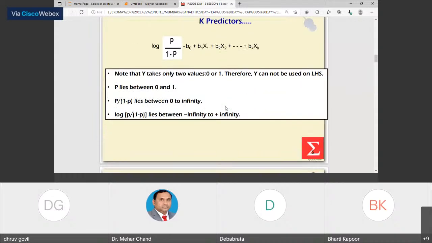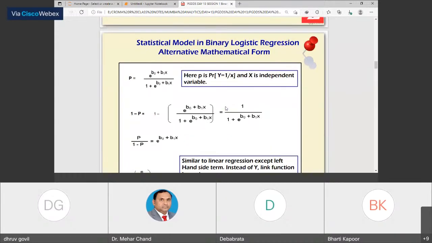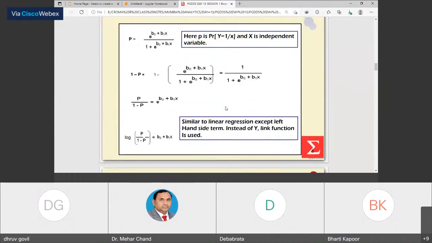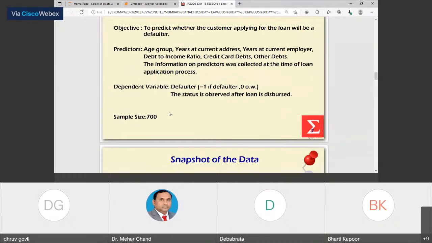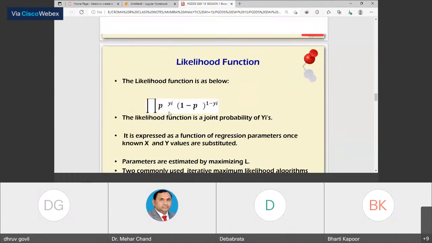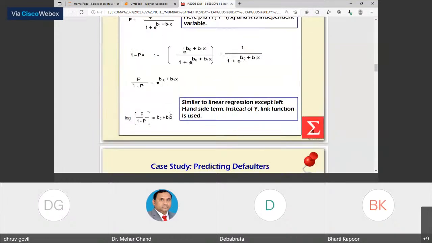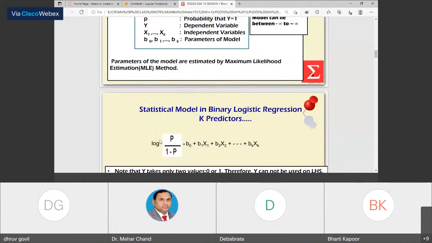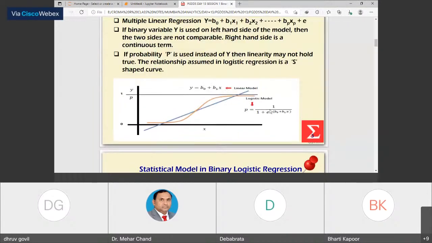If we compare this equation with this, we can solve it: p equals e to the power of the linear regression upon 1 plus e to the power of beta naught plus beta 1 into x, and we go for cross multiplication. We will get log p upon 1 minus p equals beta naught plus beta 1 into x. Because it is in probability form, we have to take the log to solve this equation, because of the e to the power minus, and find out the probability.